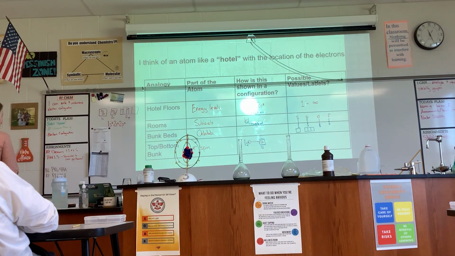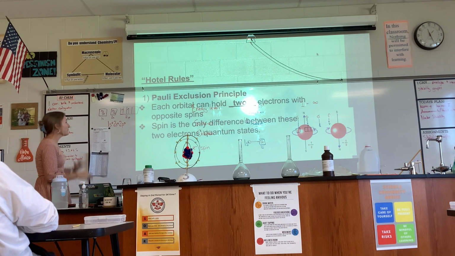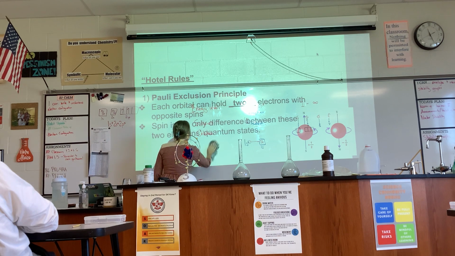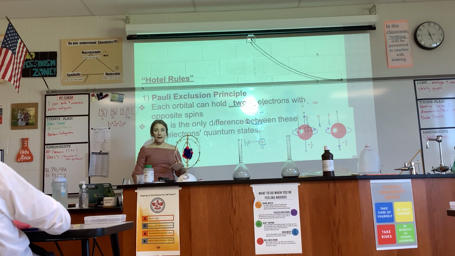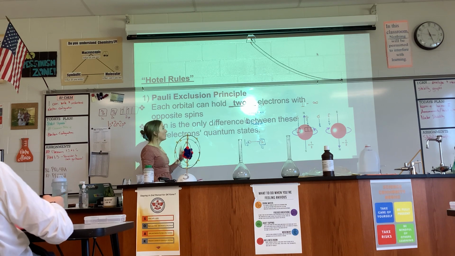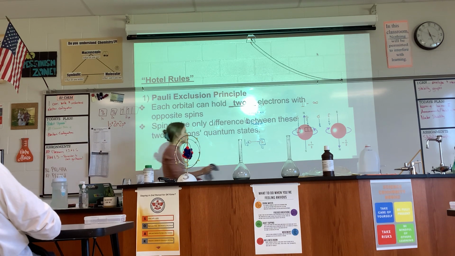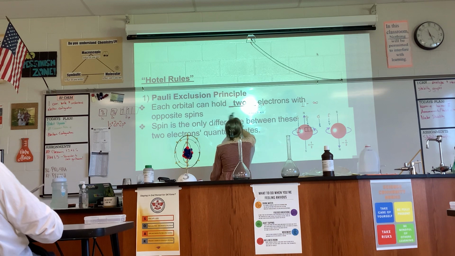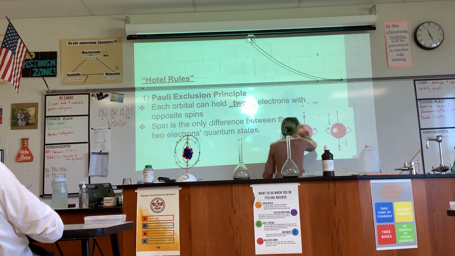All right, so the 3 rules of our hotel. First we have Pauli's exclusion principle. He was the one to discover that an orbital, aka the bunk bed, can only hold 2 electrons, and they must have opposite spin.